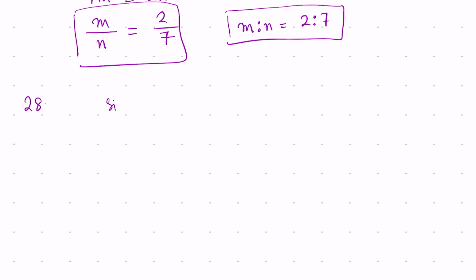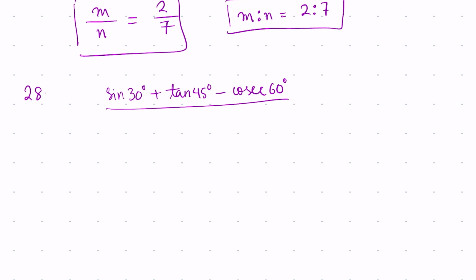So sine 30 degrees plus tan 45 degrees minus cosec 60 degrees, divided by the whole thing, sec 30 degrees plus cos 60 degrees plus cot 45 degrees, right?